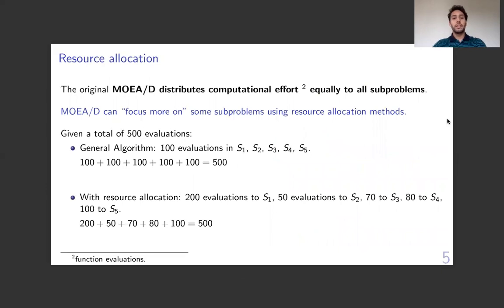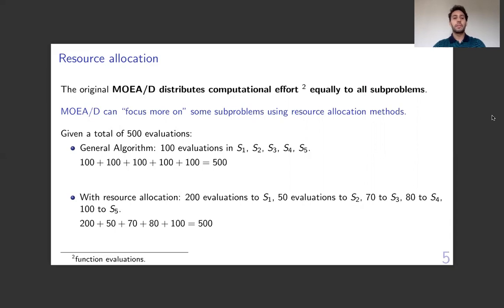The original MOEA distributes computational effort equally to all subproblems. And we can make MOEA focus more on some subproblems using resource allocation methods. So an example is that given 500 evaluations, the general algorithm gives 100 evaluations to each subproblem.